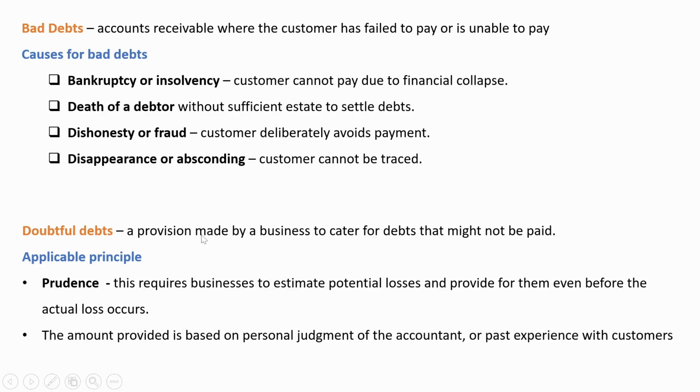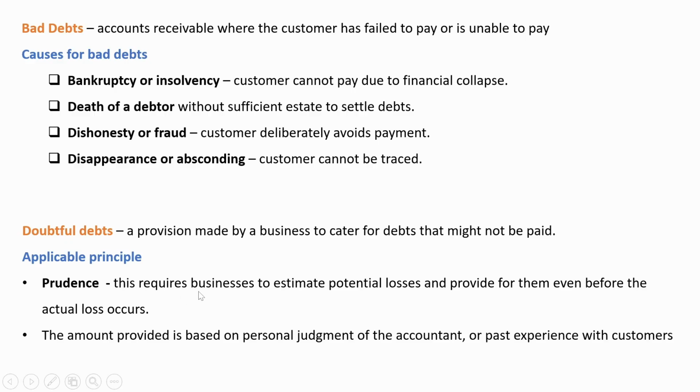This is a provision made by a business to cater for debts that might not be paid. When you are making a provision for doubtful debts, we normally follow an accounting principle called prudence. According to the prudence principle, businesses are supposed to provide for expected losses, even if those losses have not occurred.